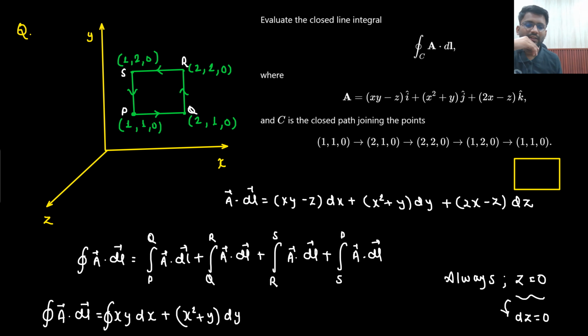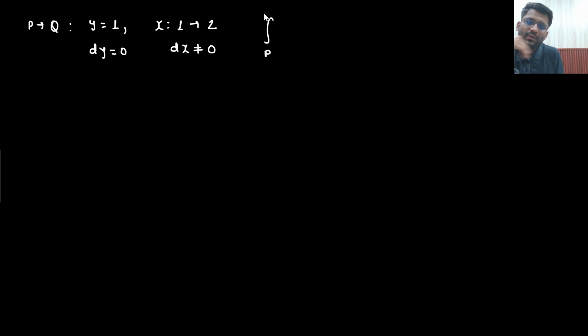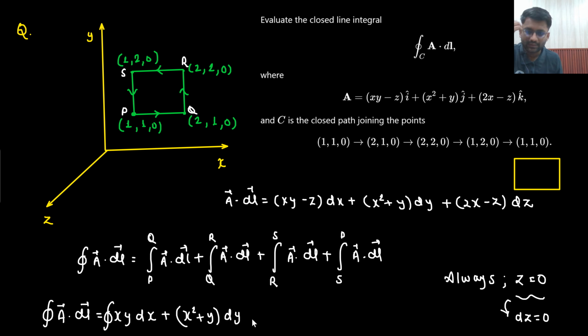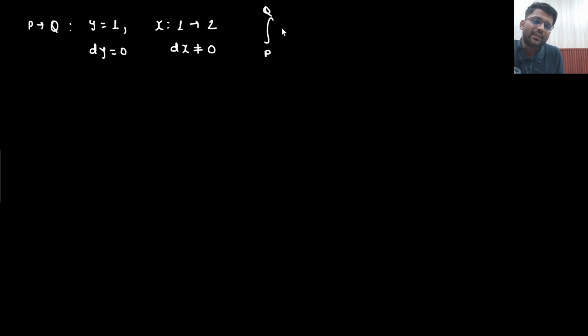We will not talk about z, because z is always 0. So dy would be equal to 0, dx would be non-zero. That's it. So let's solve this integral. From P to Q, dy would be 0, dx would be non-zero, y is fixed at 1.